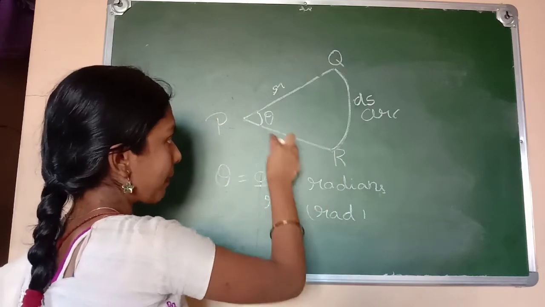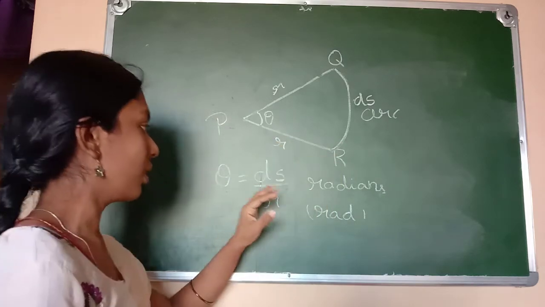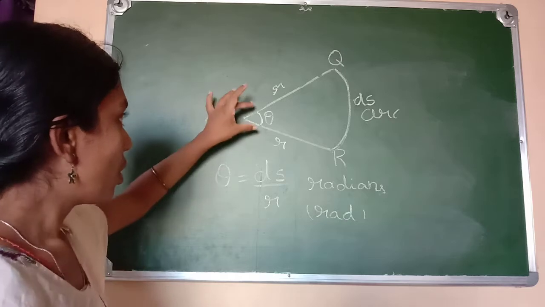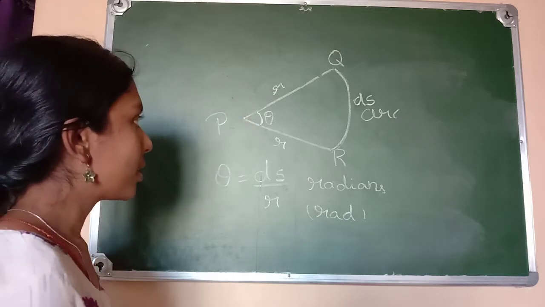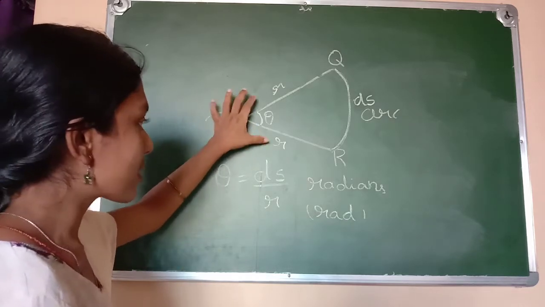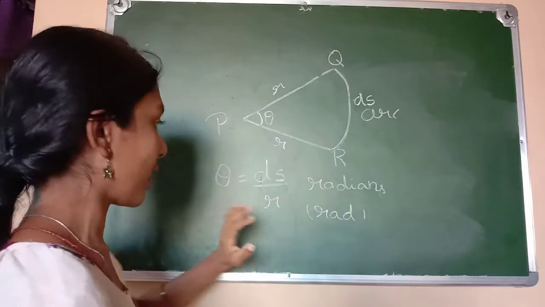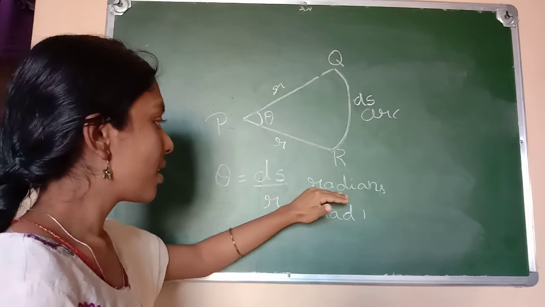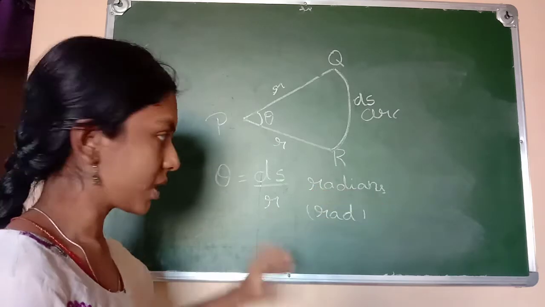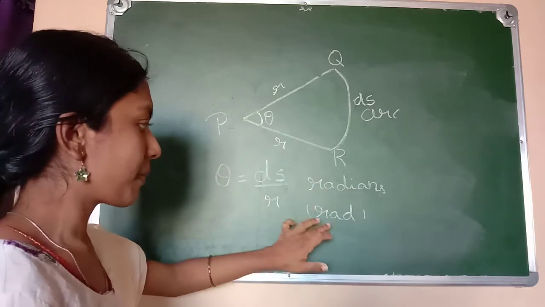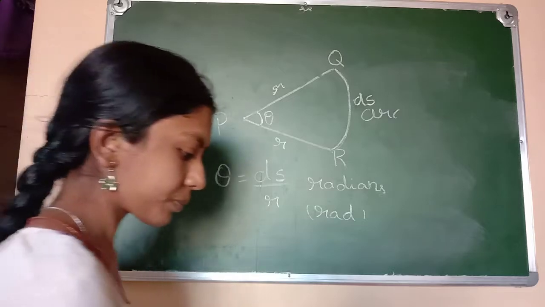You divide that by the radius of the circle. So you then know the angle between the two radii, and this angle is expressed in terms of this theta. This theta is nothing but radians. This is the measurement, and the symbol is rad.